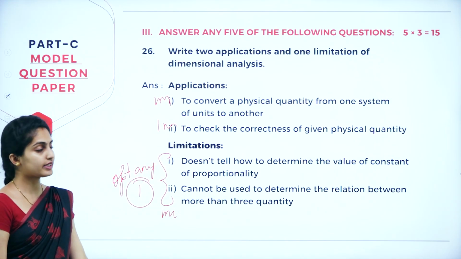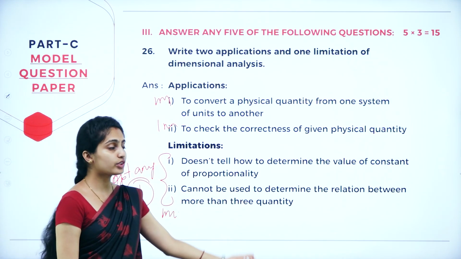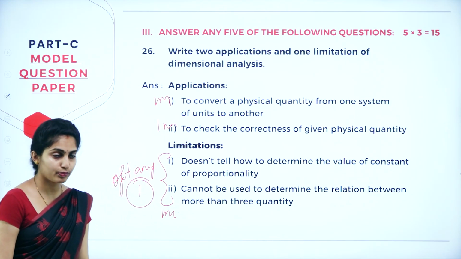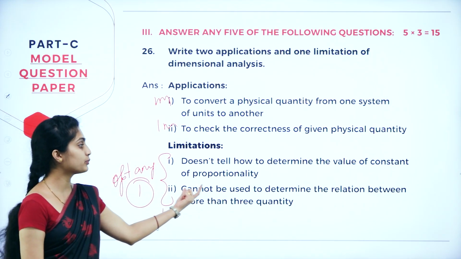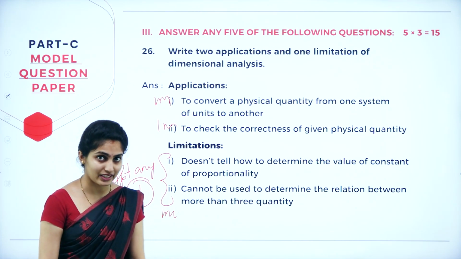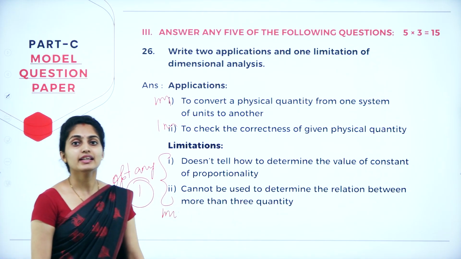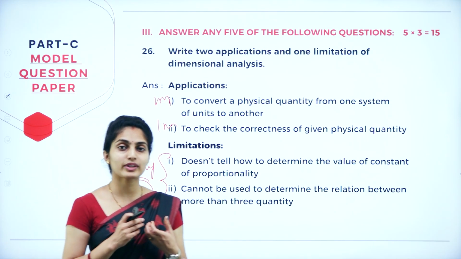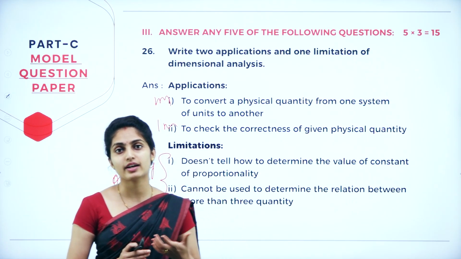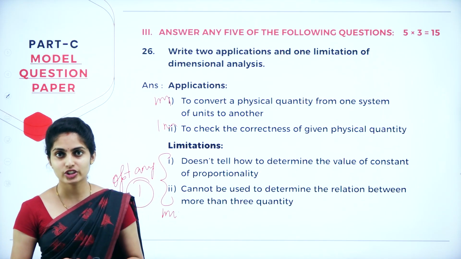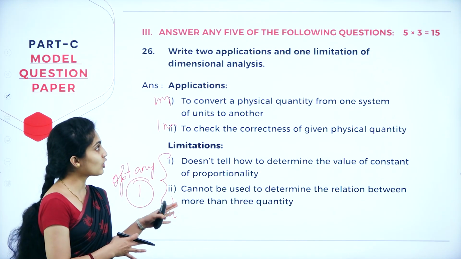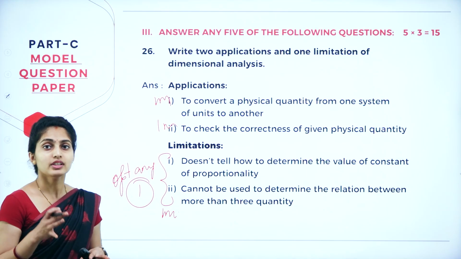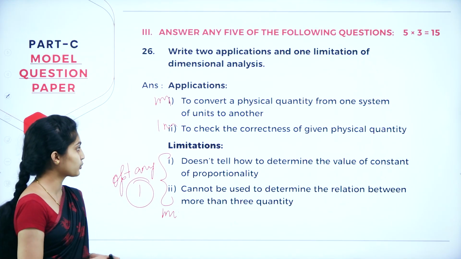And limitations: it doesn't tell how to determine the value of the constant of proportionality, and it cannot be used to determine the relation between more than 3 quantities. So maximum up to only 3 quantities we can identify, but more than 3 we can't determine using dimensional analysis. So that is all about your third Roman number, that is the 3 marks question, first question.